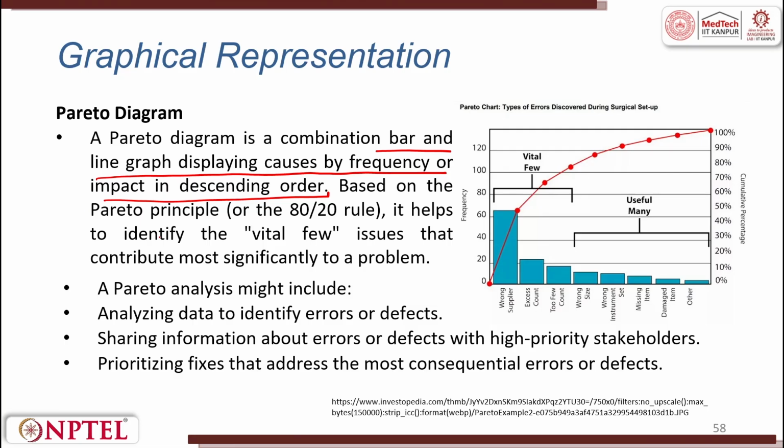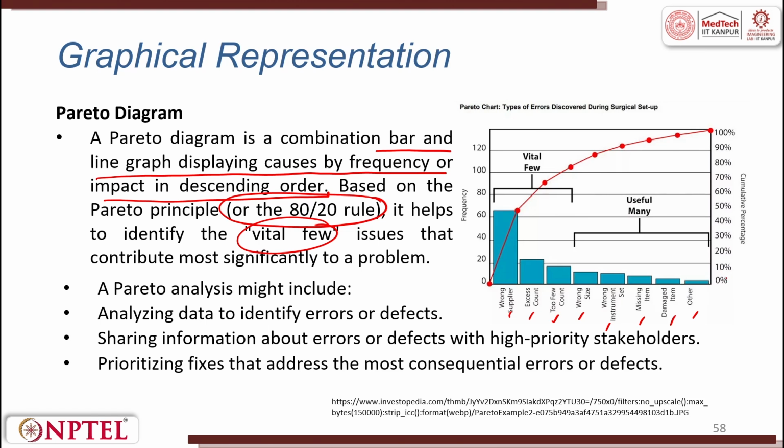Based upon the Pareto principle, that is the 80-20 rule, it helps to identify the vital few issues that contribute most significantly to a problem. For instance, this is a plot that shows the number of errors during surgical setup: wrong supplier, excess count, too few count, wrong size, wrong instrument set, missing item, damaged item and others.